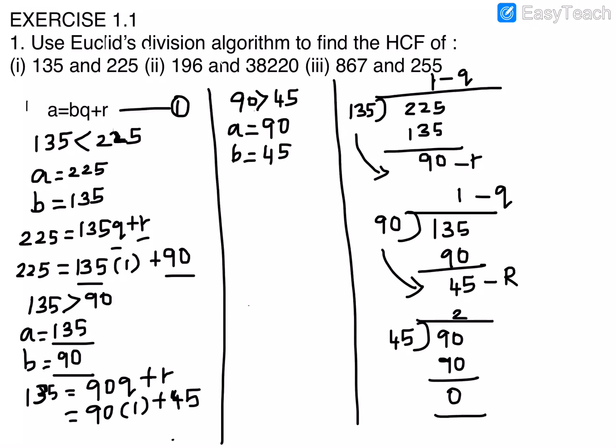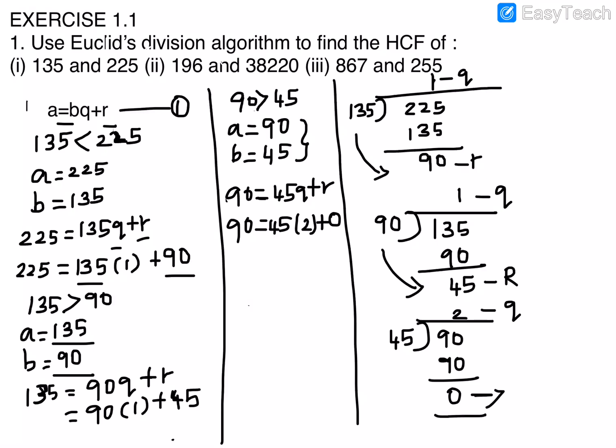Let's substitute in our lemma. Here also I forgot to write. As soon as you assume the values, substitute in the lemma. So here we have 90 equals 45 Q plus R. Here Q is 2 plus remainder R 0. Since we get the remainder 0, the whole process stops here.